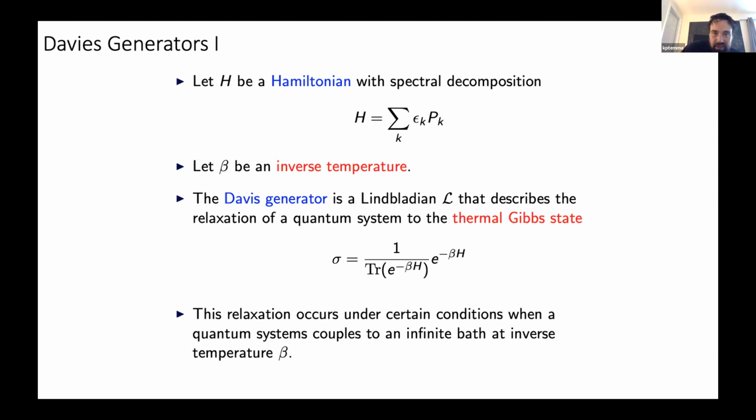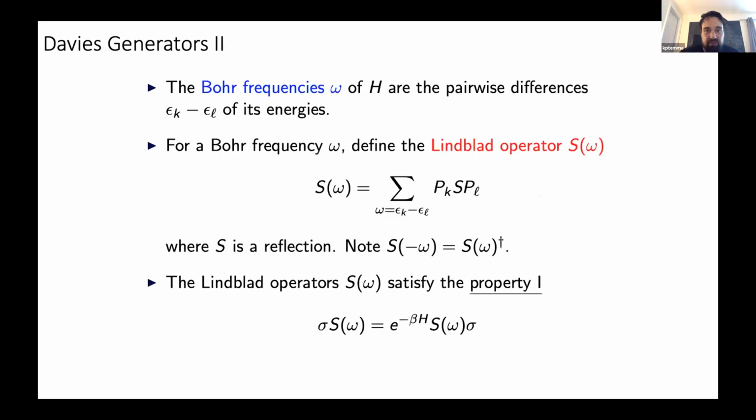A rough picture is you have a bunch of Bohr frequencies, which are pairwise energy differences between the energies of the Hamiltonian. And for a fixed Bohr frequency, you define a Lindbladian which takes out a submatrix of a Hermitian operator S and projects out all the transitions that are induced by S.